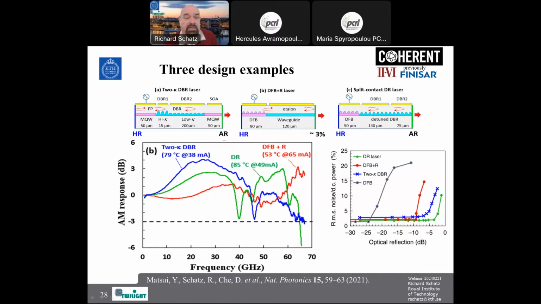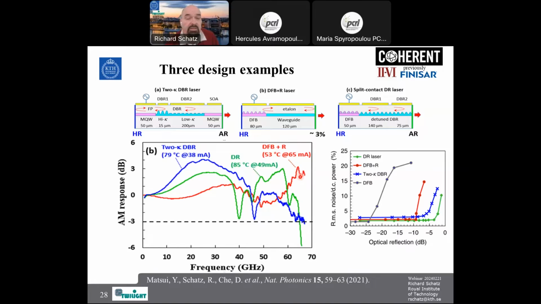And here you can see the modulation response of these. They are not very well calibrated, but you can see this extra resonance here, and maybe most clearly here. Unfortunately, they were not able, I should say, to measure higher than 67 gigahertz here, so you don't fully see the resonance.